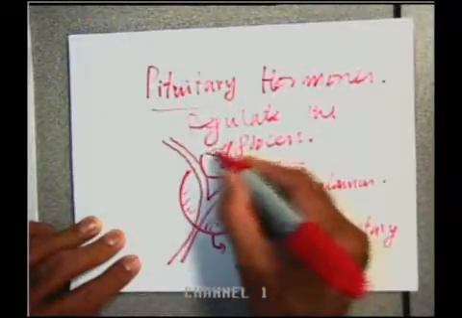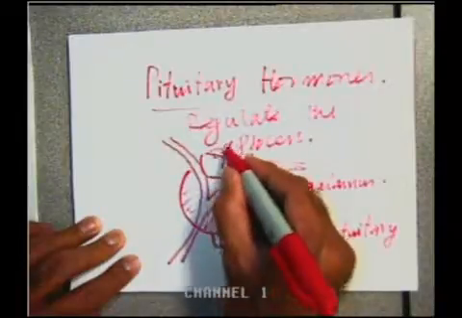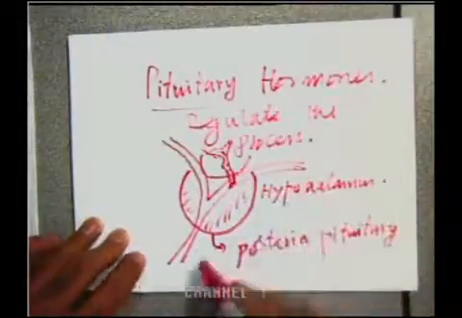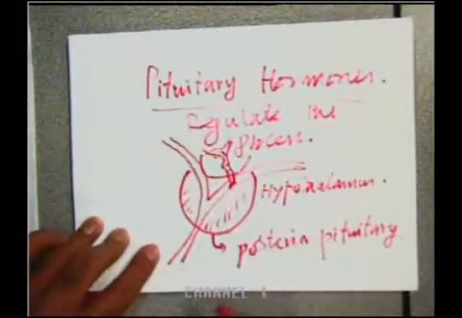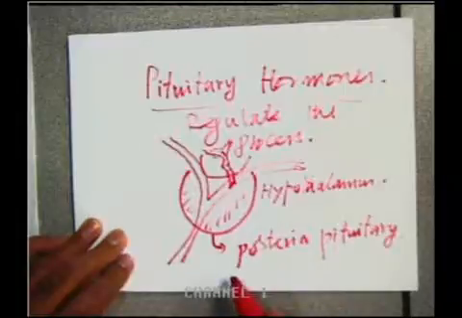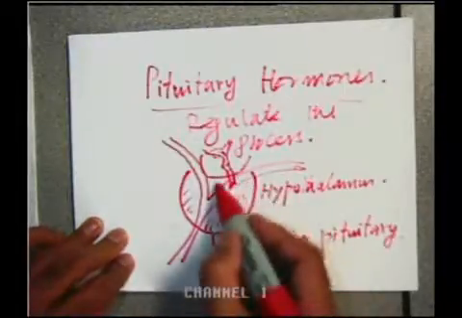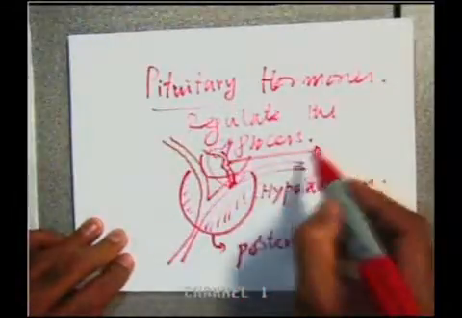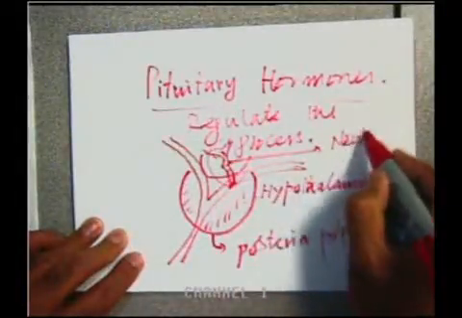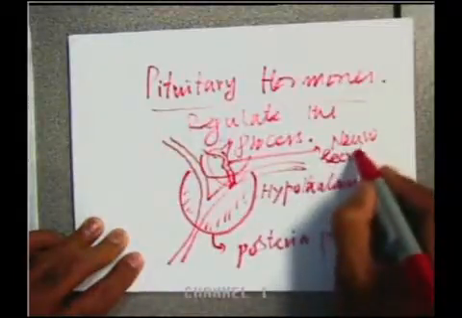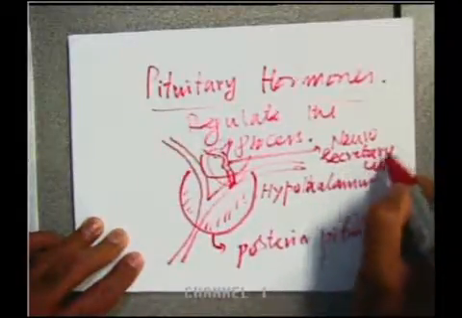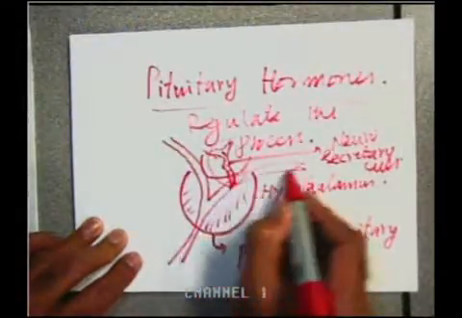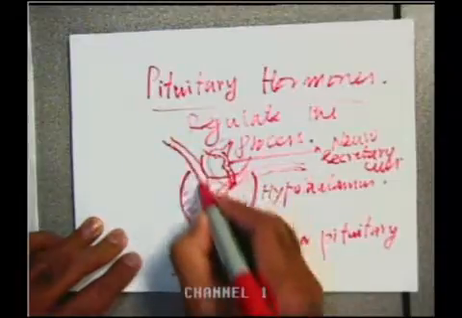This part is where it secretes the hormone. The hormone is released from the hypothalamus region via neurosecretory cells. There are a lot of neurosecretory cells, and they release the hormones into the bloodstream here.